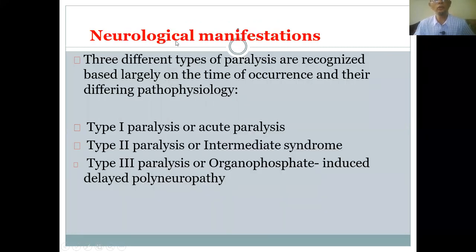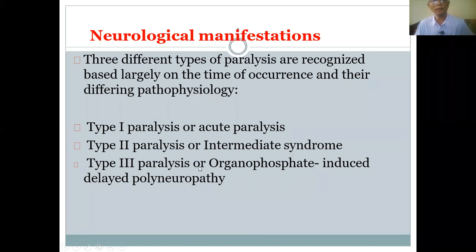Now comes the neurological manifestation. Three different types of paralysis are recognized based largely on the time of occurrence and their different pathophysiology. That is, type 1 paralysis, acute paralysis can occur. Type 2 paralysis or intermediate syndrome can occur. There may be a short note on intermediate syndrome.